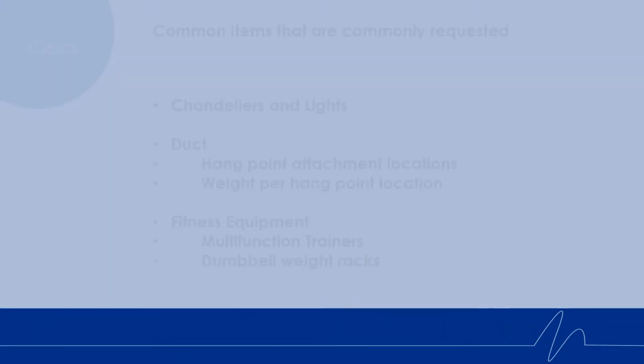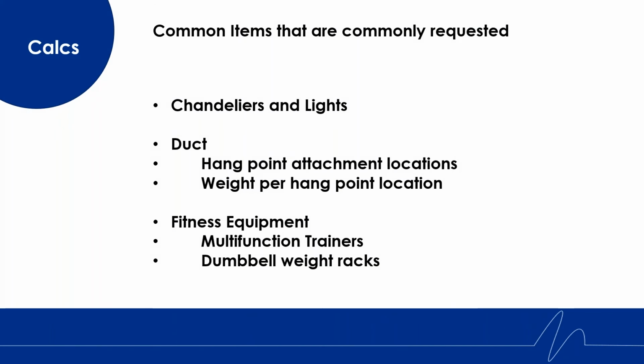When it comes to calculations, having all the information up front is important. Here are some typical items that your project coordinator will request: chandeliers and lights, their locations and weights, ductwork. If the ductwork is being supported by the isolated ceiling, it is important that we get the hang point attachment locations, along with the weight that each hang point will contribute to the ceiling.